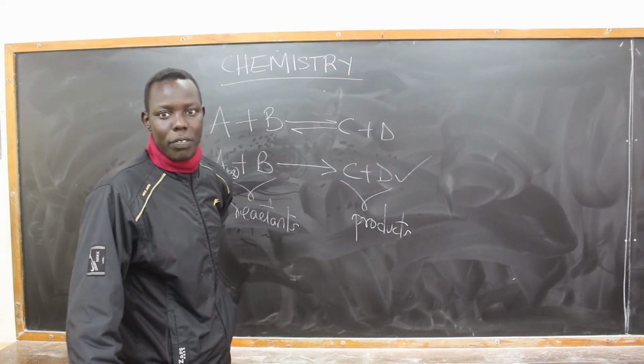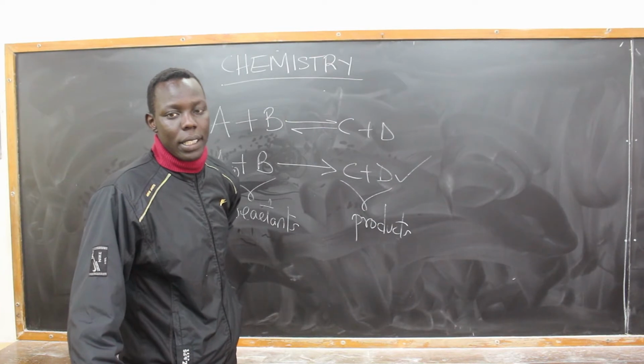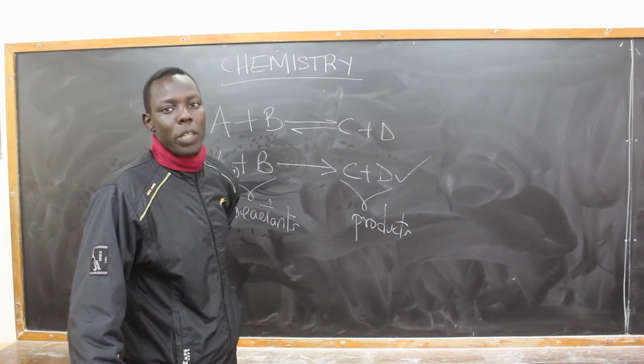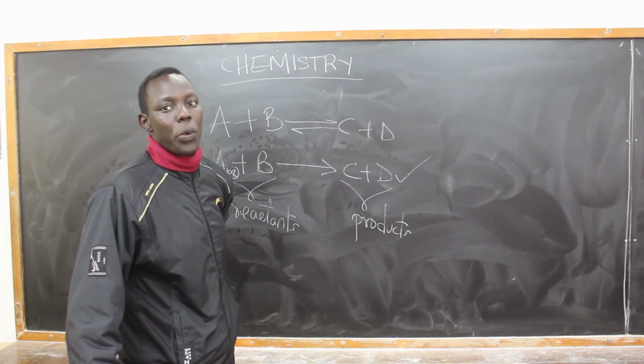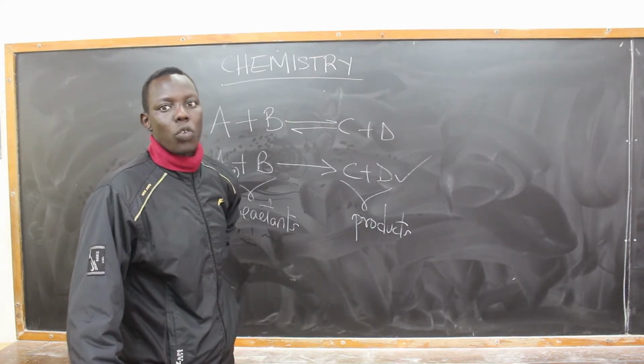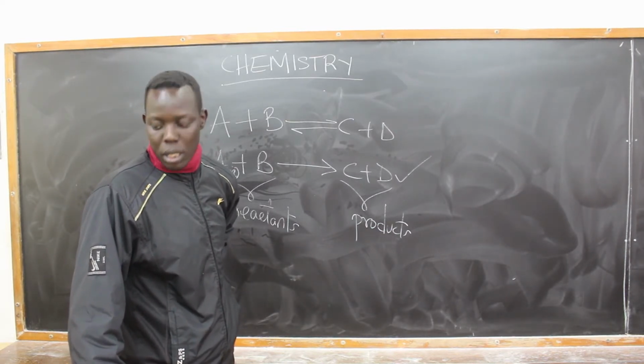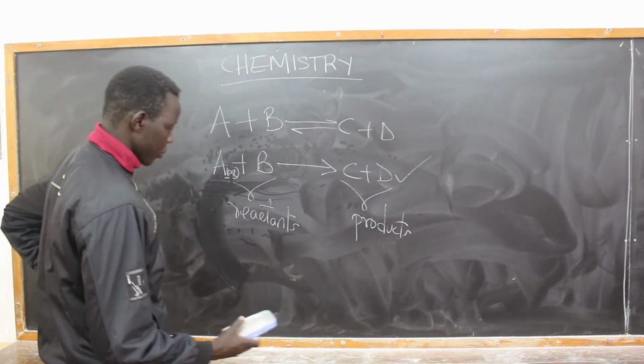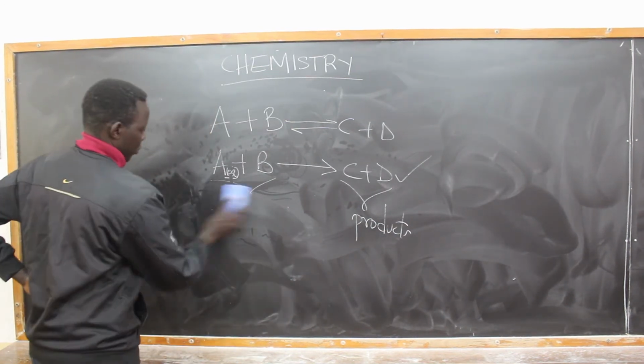It will be useless. So when you write equations and you don't balance, you might as well leave it blank because it adds no value. Now, starting with the simple ones.